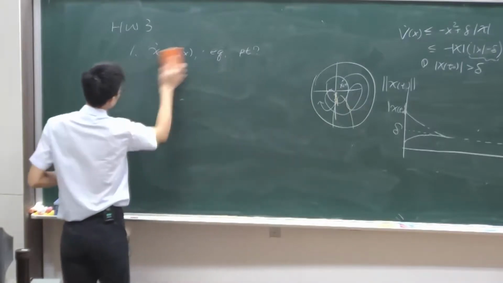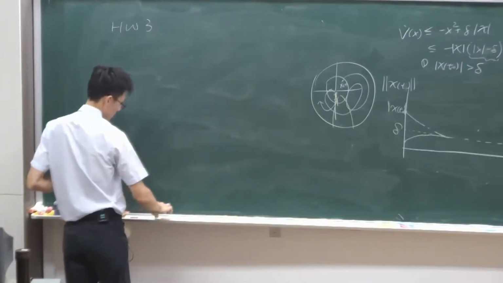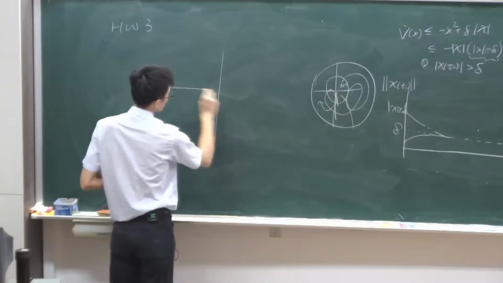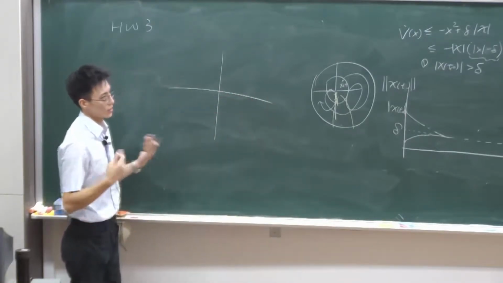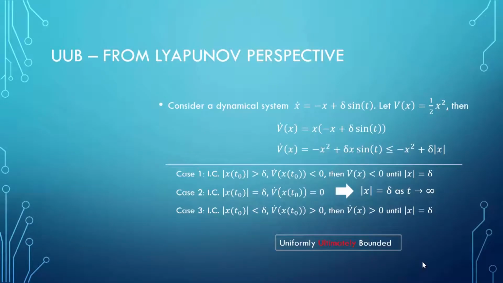And another question is, if a system is convergent, does that imply stability? Well, it's not necessary, because what is the definition of stable? Stable means if you start from x0, you start from here, right?